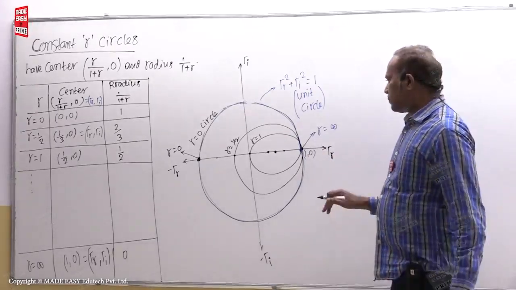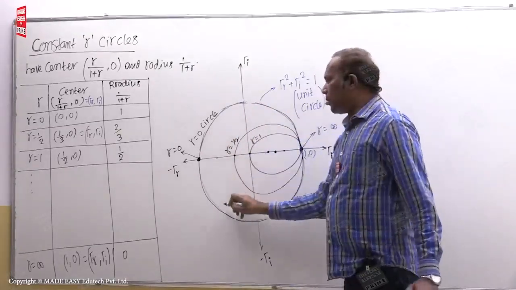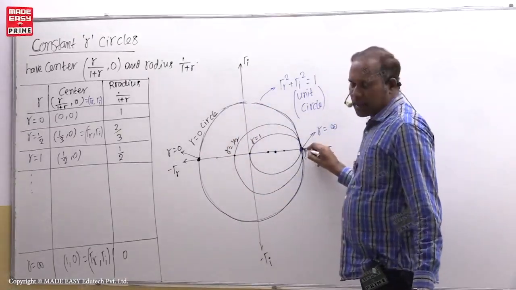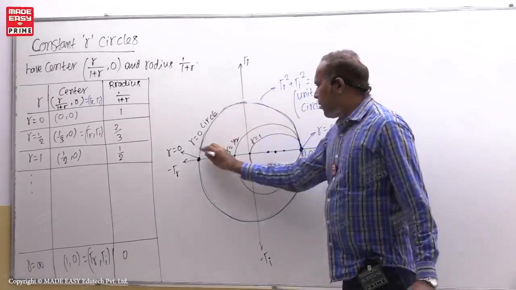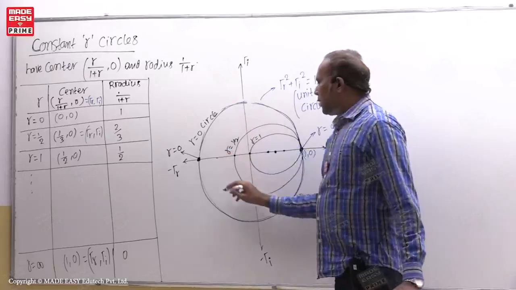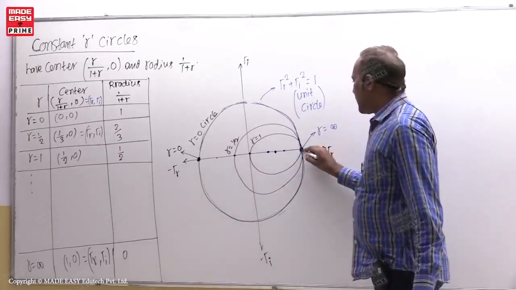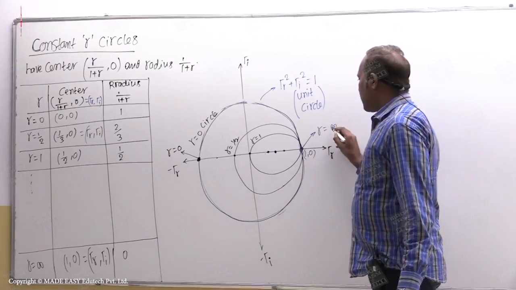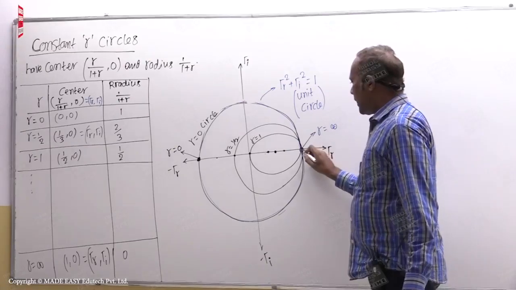So on this circle, everywhere R is 0 except this location. At any location on the circle, small r is 0, except at this location. At this location, small r is equal to infinity because the center is 1 comma 0 and the radius is 0.